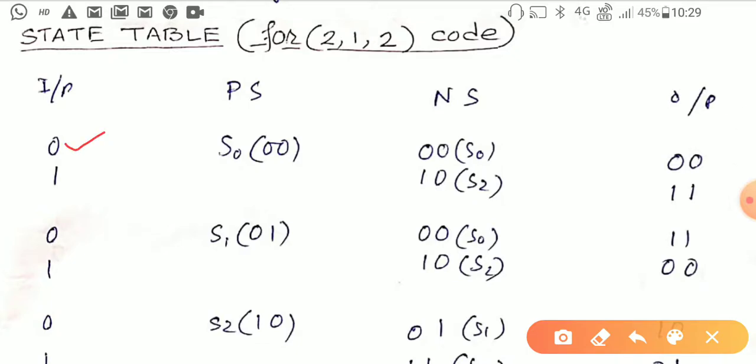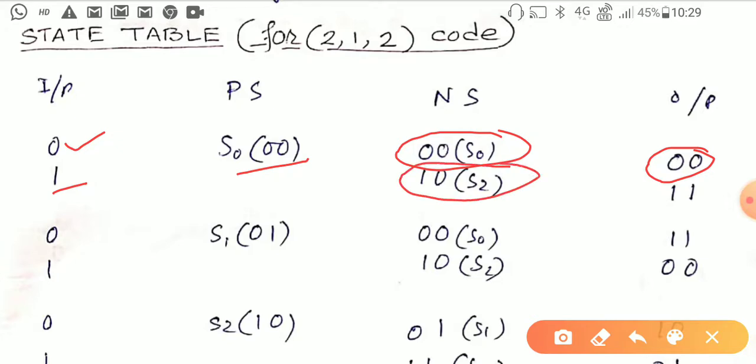Due to the circuit diagram for this (2,1,2) code, it maintains the same value for the next state, that is 00, and the output is 00. And for this same present state value 00, if you apply 1, the next state value changes to 10, and 11 will be the output.